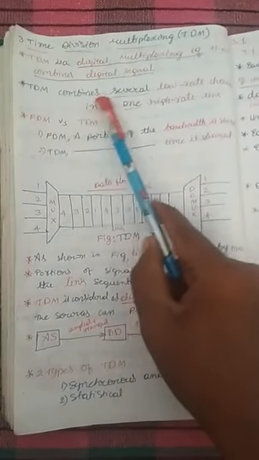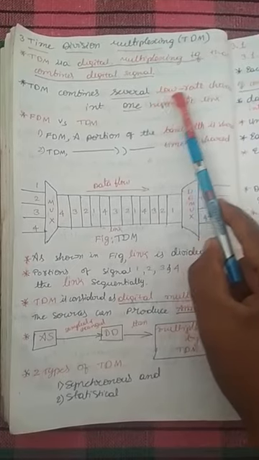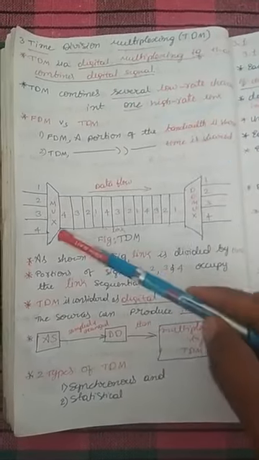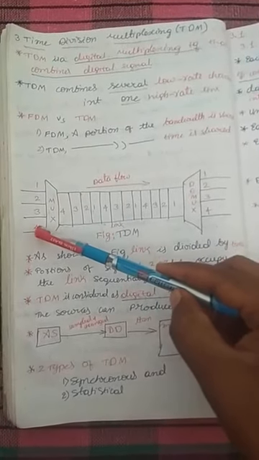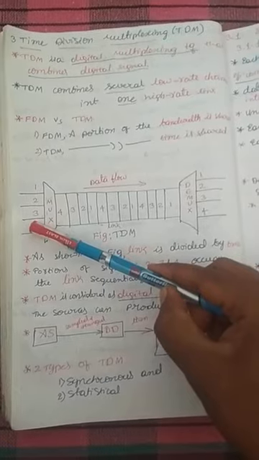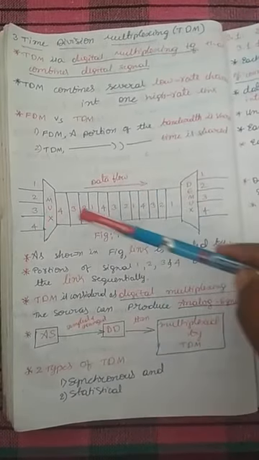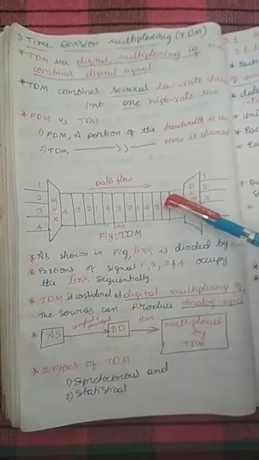Here TDM combines several low rate channels into one high rate link. These 1, 2, 3, 4 are the low rate channels. After multiplexing, we are going to get this high rate link.